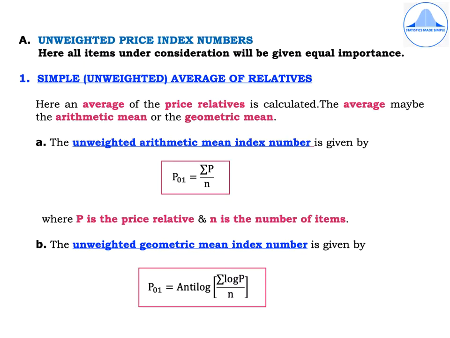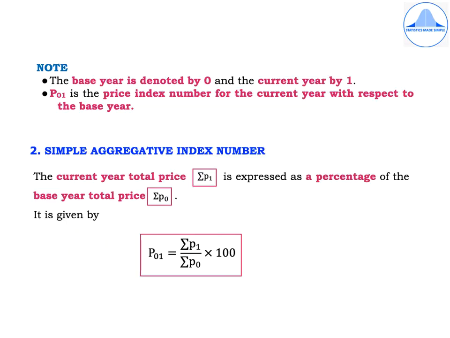Subdivision B, the unweighted geometric mean index number is given by P01 equal to antilog summation log P divided by n. So please note that the base year is denoted by 0 and the current year is denoted by 1, and P01 means it is the price index number for the current year with respect to the base year.